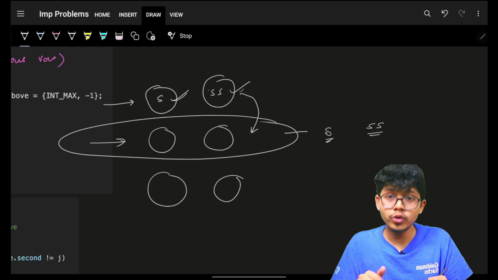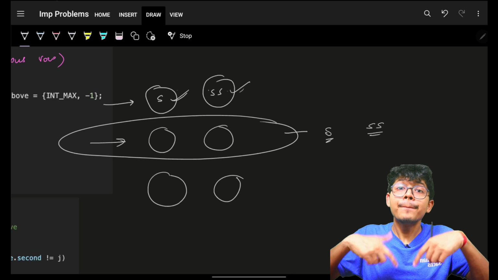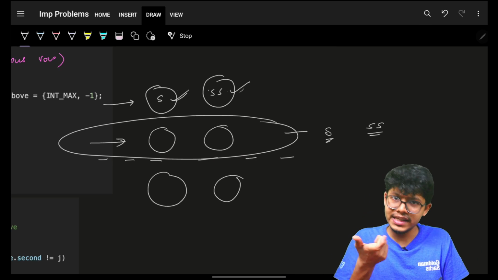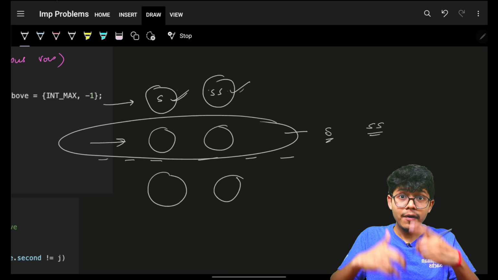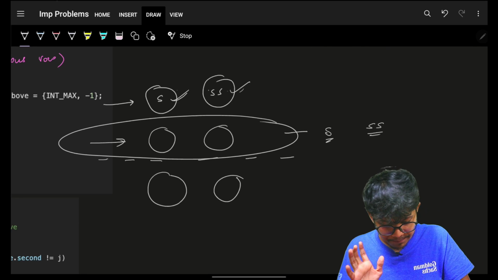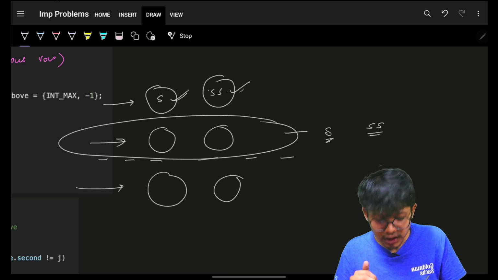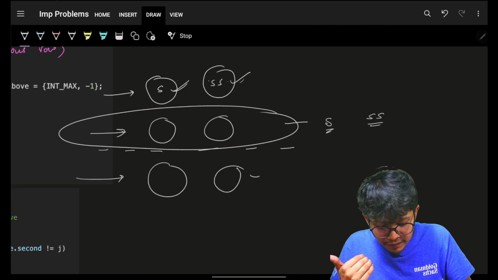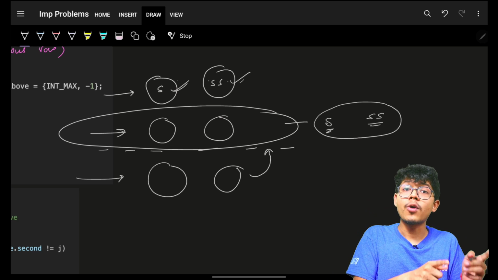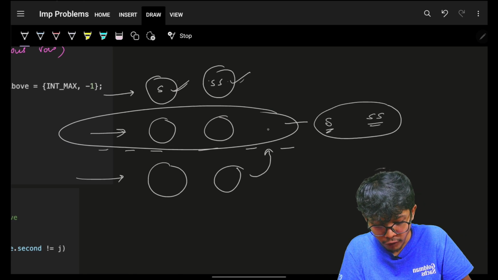As you go on to the next row, you would have computed the DP values of all these cells, such that they are as small as possible. Then as soon as you go on to the next row, you would have asked your previous row for smallest and second smallest DP values, which you have already computed.